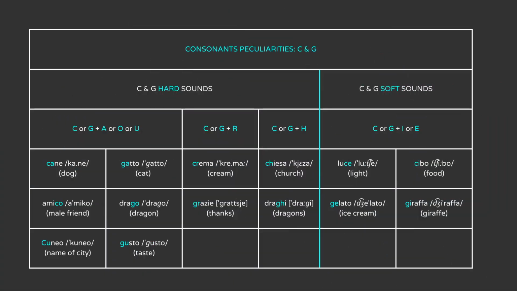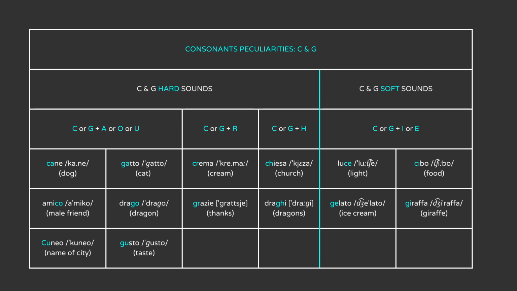Peculiarity number 1. C and G can be tricky as they have both hard and soft pronunciation. They are hard sounds when followed by A, O, or U. For example, cane, gatto, amico, drago, cuneo, or gusto.